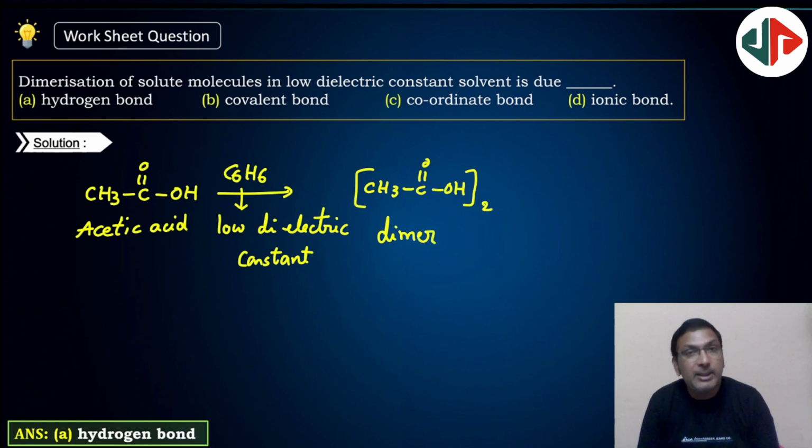Dimer. This dimerization can be explained by using hydrogen bonding.